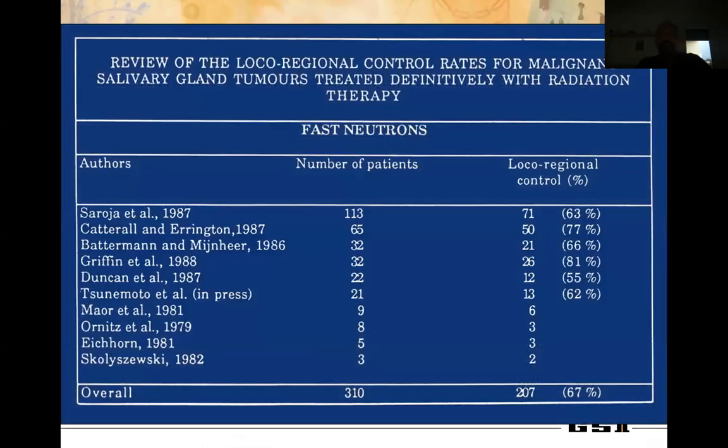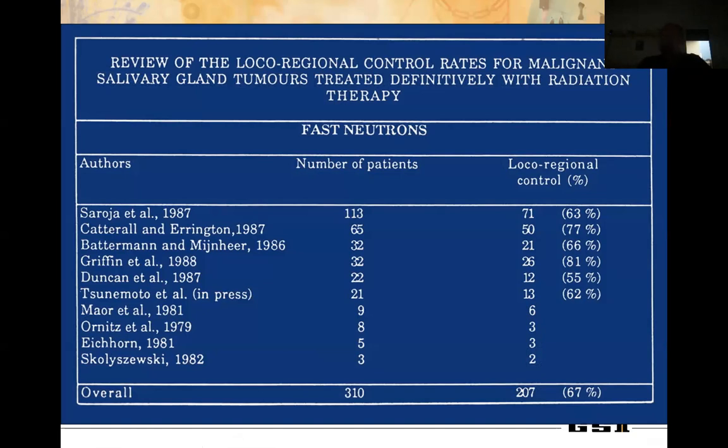It's a little bit different when you go to salivary gland tumors, because salivary glands are very superficial, so you don't have to go through many organs at risk. And so you can have a very good locoregional control using neutrons, but with salivary gland tumors, unfortunately, the patients do not have a very long survival anyway.